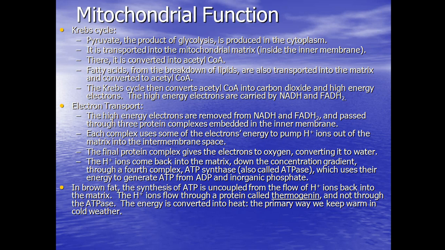The Krebs cycle then converts this acetyl coenzyme A into carbon dioxide and high energy electrons. It is the role of the Krebs cycle to convert the acetyl coenzyme A into carbon dioxide and high energy electrons. And these high energy electrons are carried by NADH and FADH2.